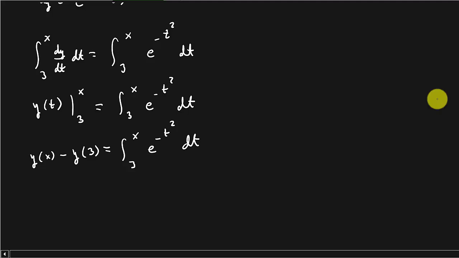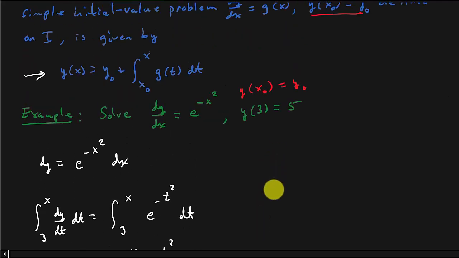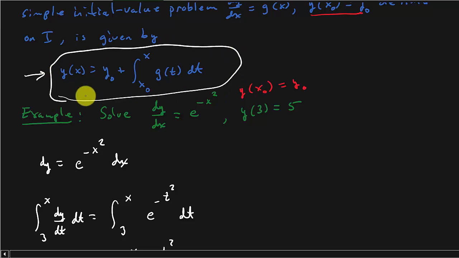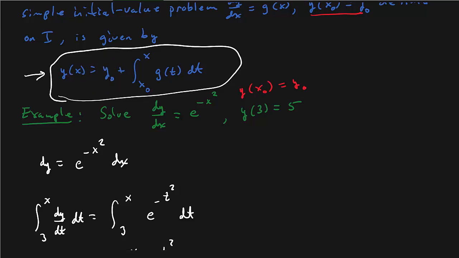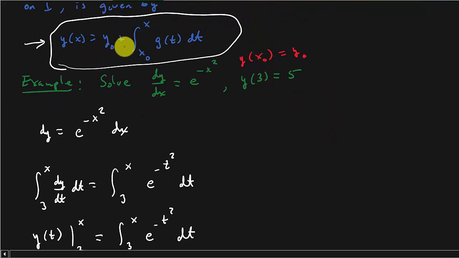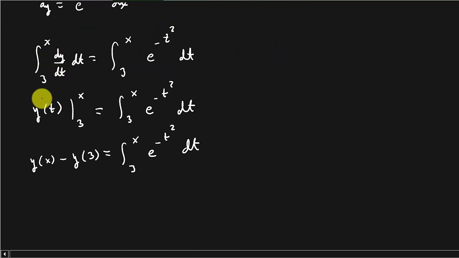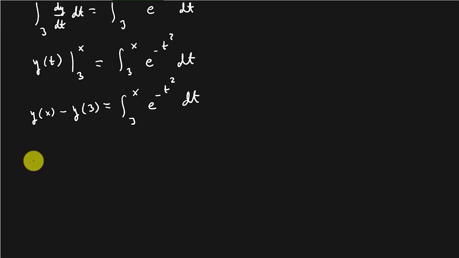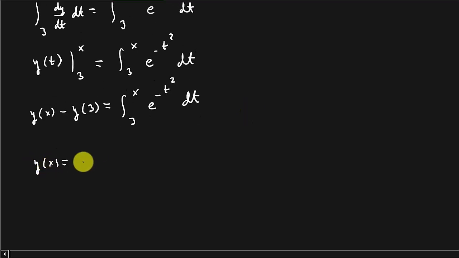All right. So one thing I want to point out, you've got this right here. Don't try to memorize it's y of x, y0. Okay, don't try to memorize that. Just come down here and do this integral and plug that in, and then all it is, y of x is equal to y of 3 plus the integral from 3 to x of e to the negative t squared dt.